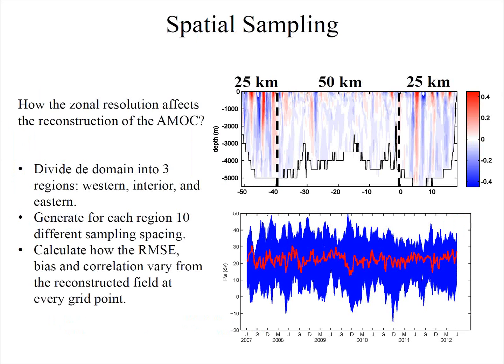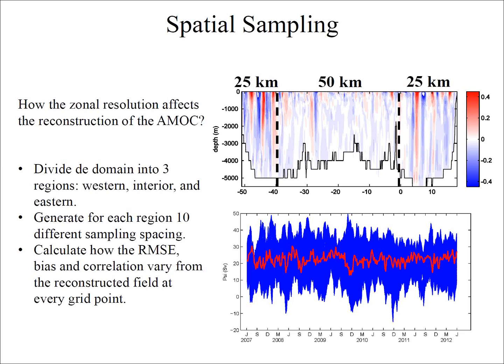So on the spatial sampling, as I said before, these are the model velocities here, from close to South America to Africa, and you see that the higher variability is located close to the boundaries. Generally, we have a higher sampling of 25 kilometers.